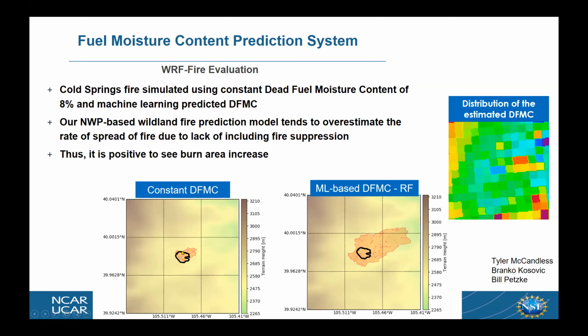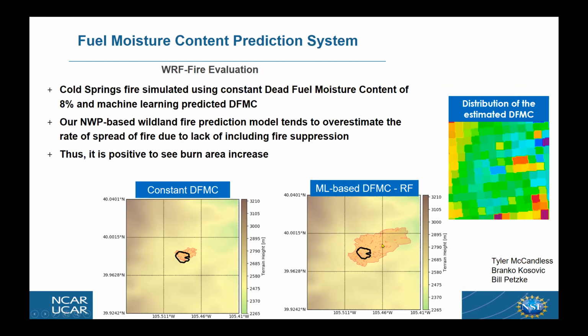And the orange on the constant side we see is the development of the fire in the model. And when we use the dead fuel moisture percentages from the machine learning, we found that the fire developed quite a bit larger. So there was a larger burn increase.